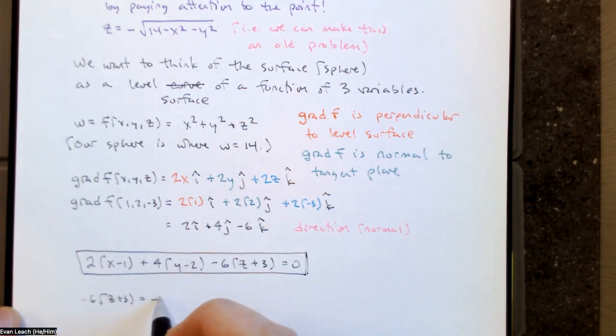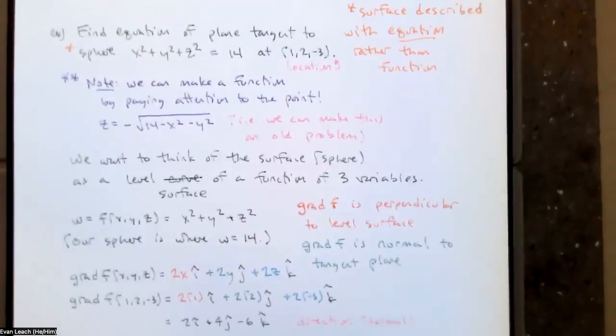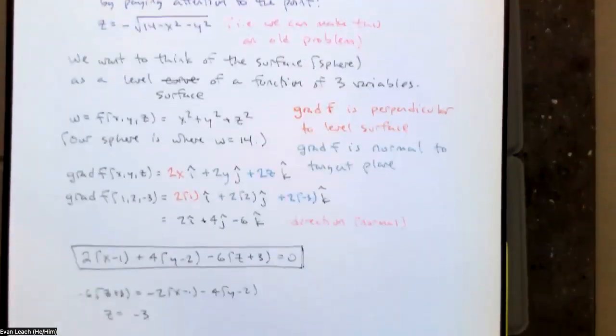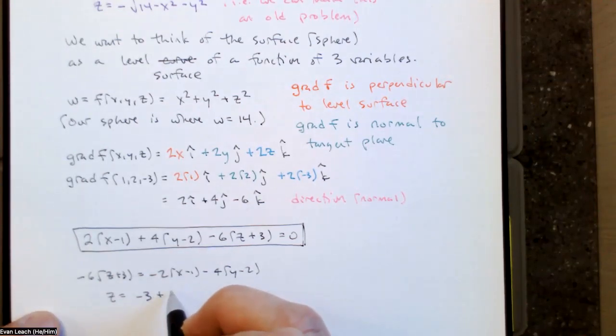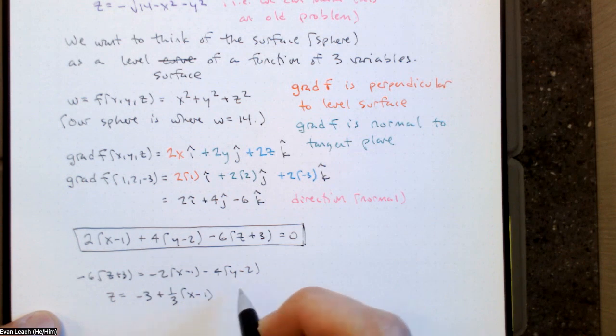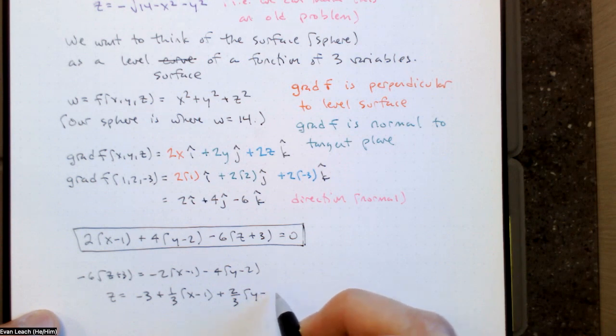Move the x and y over, minus 2, x minus 1, minus 4, y minus 2. Divide out the negative 6 and then subtract 3. So z is equal to negative 3. That makes sense. In the function format, z naught should be negative 3. And we're going to increase by 1/3 when x differs from 1, and increase by 2/3 when y differs from 2.